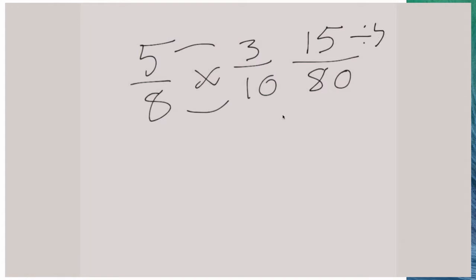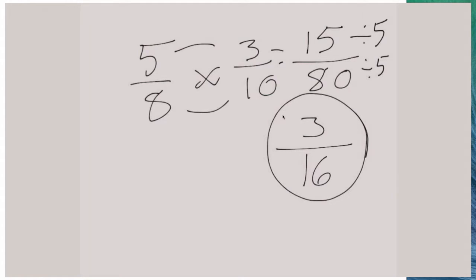The one I notice first is 5. If I divide each of these by 5, I get 3, and 80 divided by 5 is going to get me 16. 3/16. 3 and 16 have no common factors except for 1. There's our simplest form, and there's our answer.